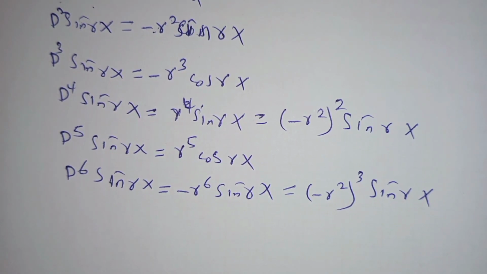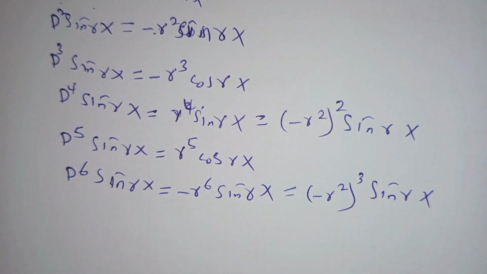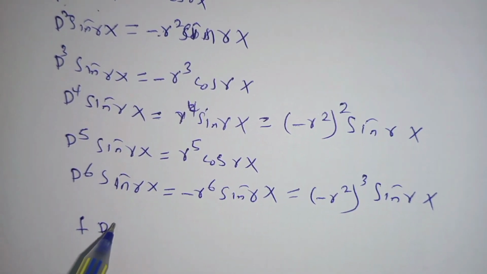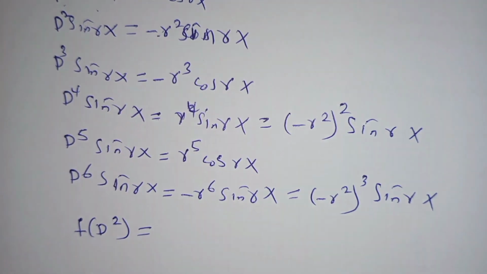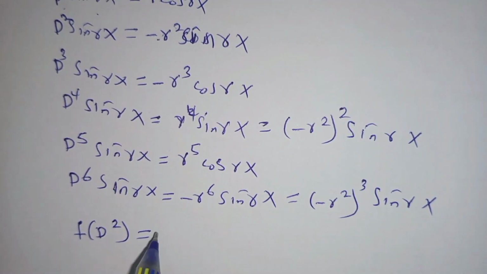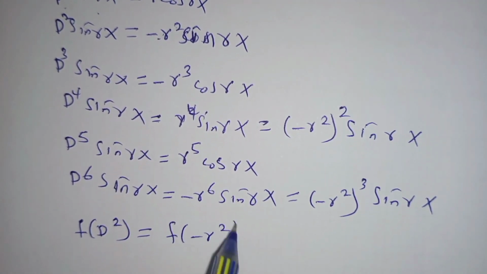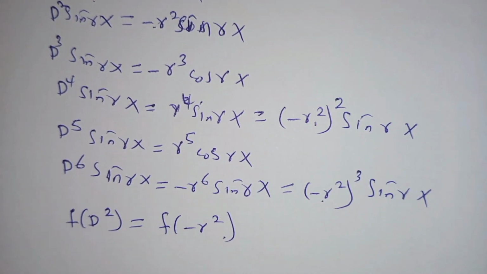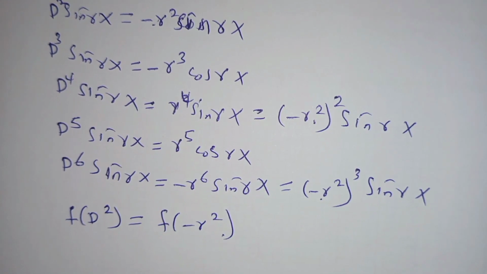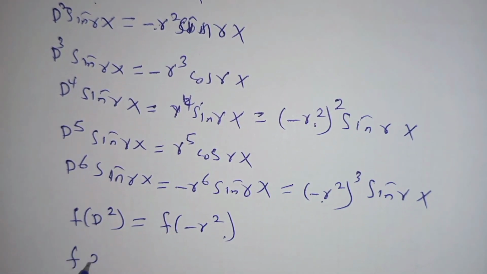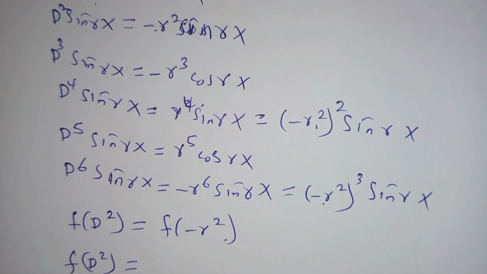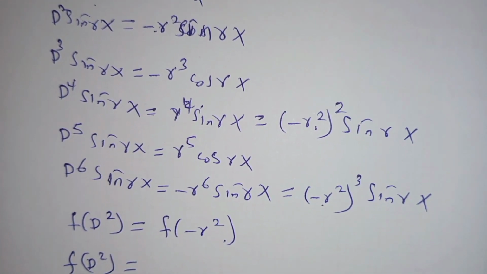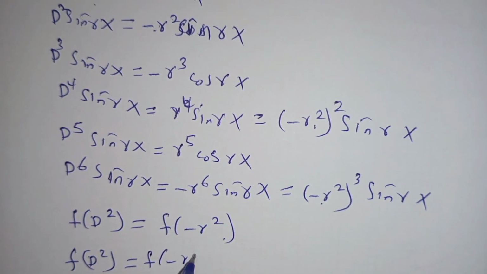Now from that, we can generalize, whereby we have f of D squared is equal to f of negative r squared, from all this we have obtained there. Meaning that f of D squared is equal to f of negative r squared.